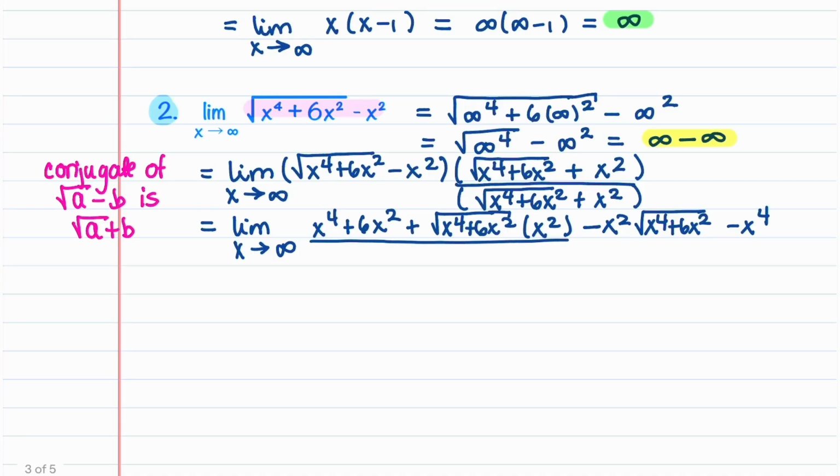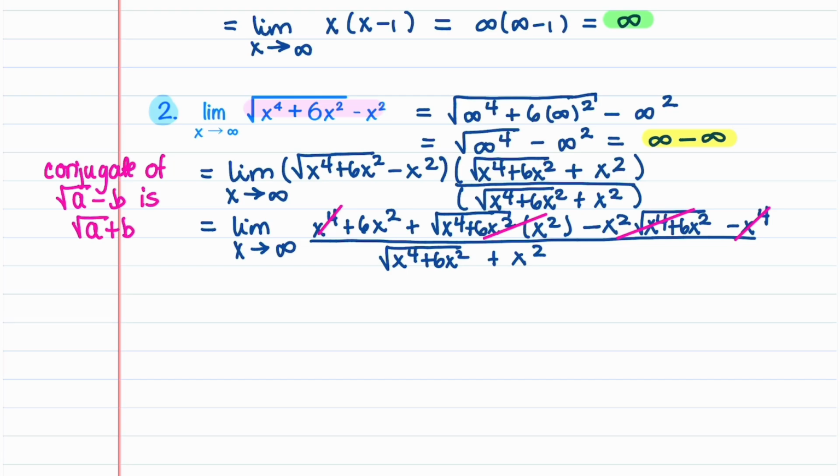Now we're going to divide all of this by the square root of x to the fourth plus 6x squared plus x squared. Now the nice thing about multiplying by a conjugate is that things cancel. Let's go ahead and see what cancels. Our x to the fourth is going to cancel. And then this term is going to cancel with this term.